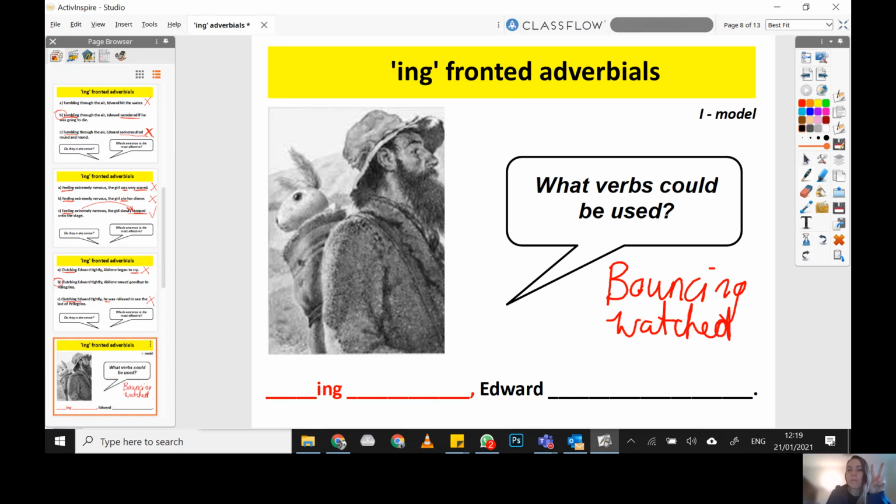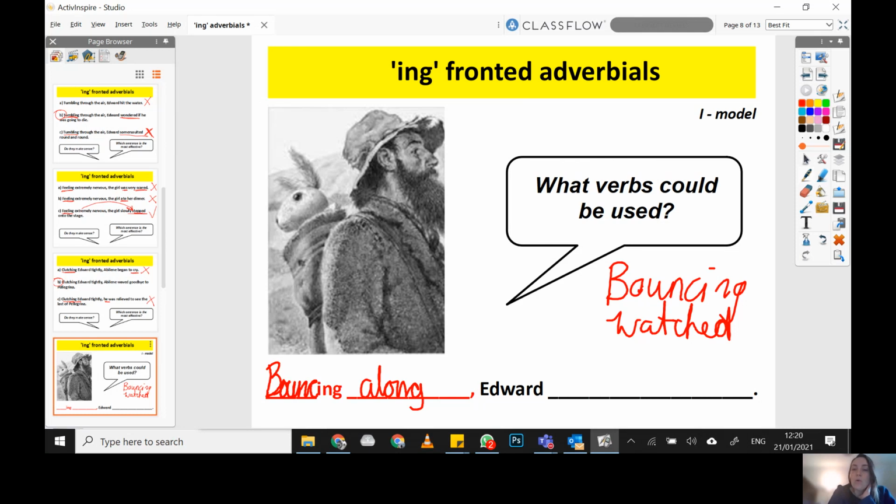So my 2 verbs are bounce and watch, and I'm going to use those to write my sentence where the first part, the fronted adverbial, tells me how it's happening, and the second part tells me what is happening, and that I've not accidentally gotten 2 verbs that mean the same thing. So I might do bouncing along, and now I've described how it's happening.